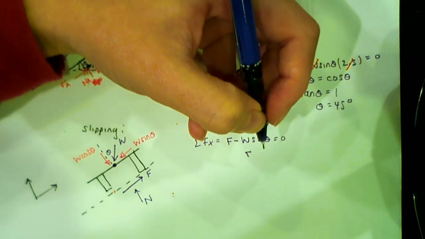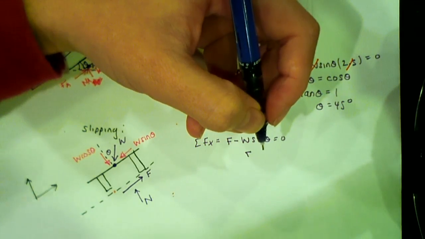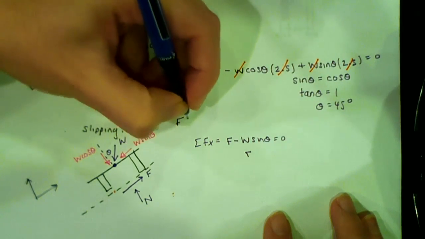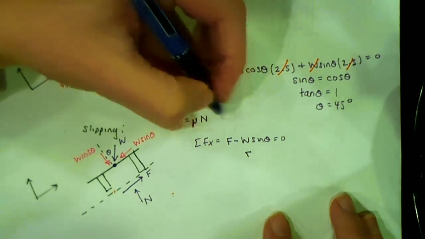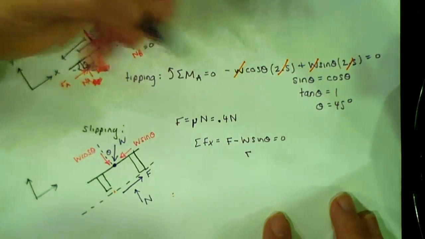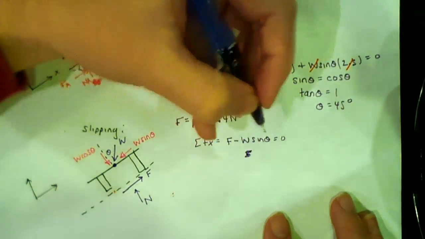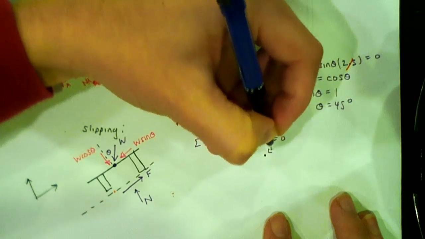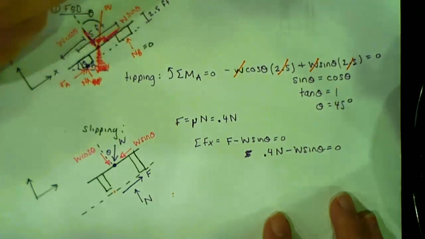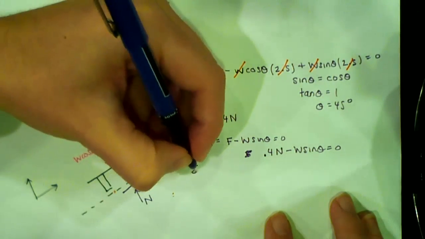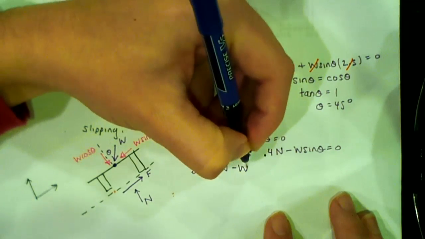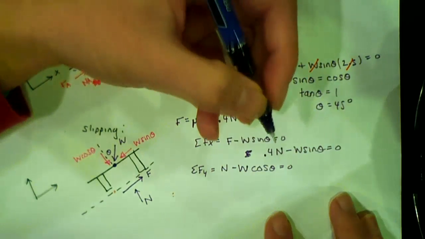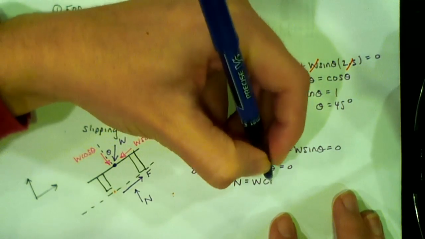We also know that friction is equal to mu times normal, so that's 0.4 times the normal. I'm going to plug that in for friction, so I have 0.4 times n minus W sine theta equals 0. Then sum of forces in y, I have n minus W cosine theta equals 0, so n is equal to W cosine theta.